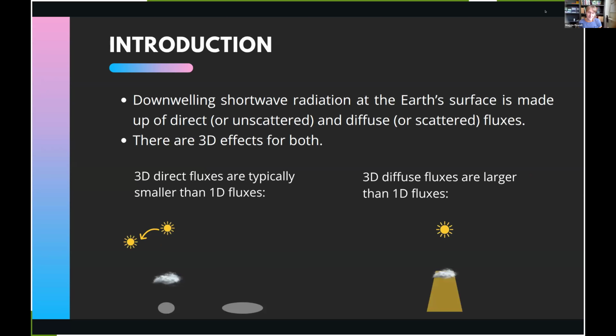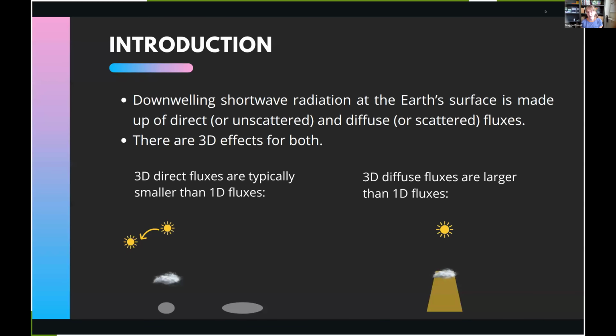I know not everyone is an atmospheric scientist, so I'll give you a brief introduction to 3D radiative effects. Downwelling shortwave radiation, or sunlight, at the Earth's surface is made up of direct, or unscattered, and diffuse, or scattered, fluxes. We have 3D effects for both. The 3D direct fluxes are typically smaller than the 1D fluxes.